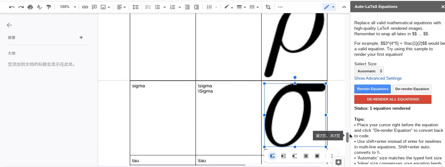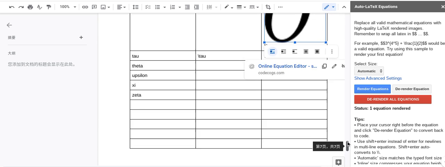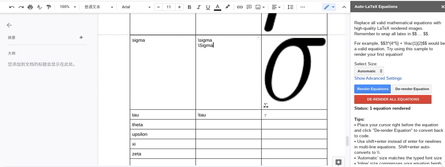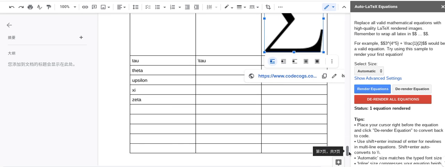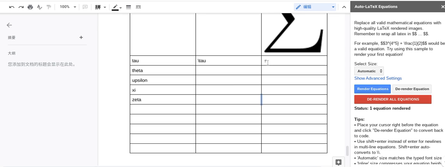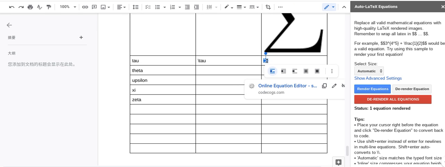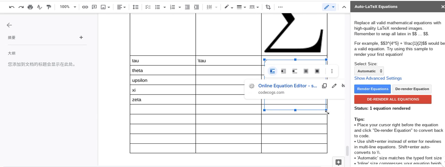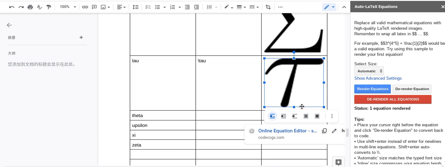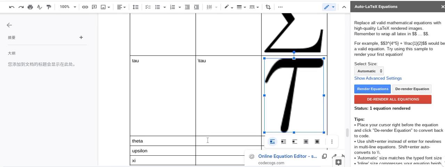So tau would also be something like this. It looks pretty similar to t, which is basically used in rotational equilibrium. And then the next one is theta.